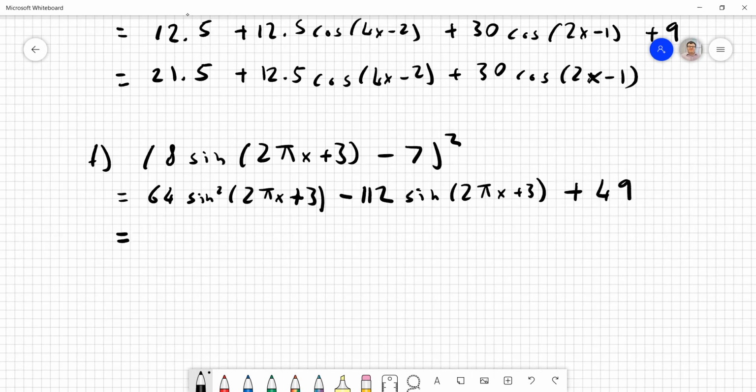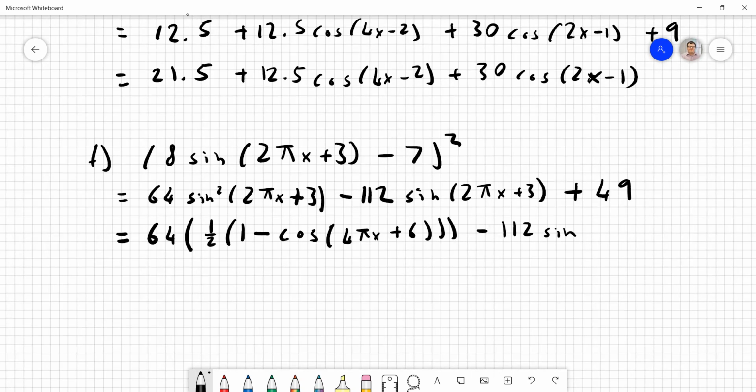So in the next line, we just have to deal with our sine squared identity. We'll have 64, then we'll have a half, brackets 1 minus cos, and we double what was in the bracket from sine squared. So we're going to have 4 pi x plus 6. And all the other terms are still here, the negative 112 sine 2 pi x plus 3, and our plus 49.